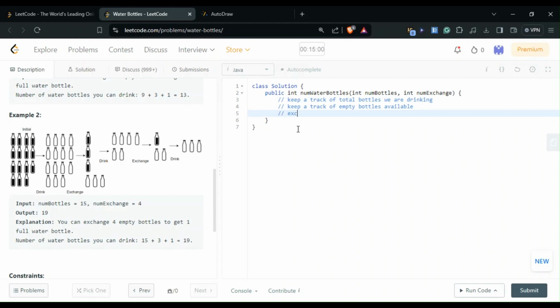Exchange the maximum possible empty bottles with filled ones, and keep doing this till the number of empty bottles is greater than numExchange.